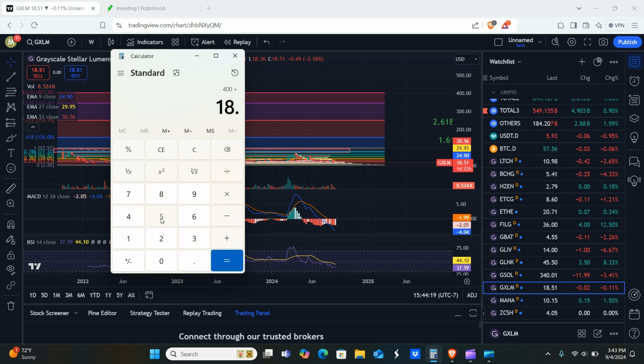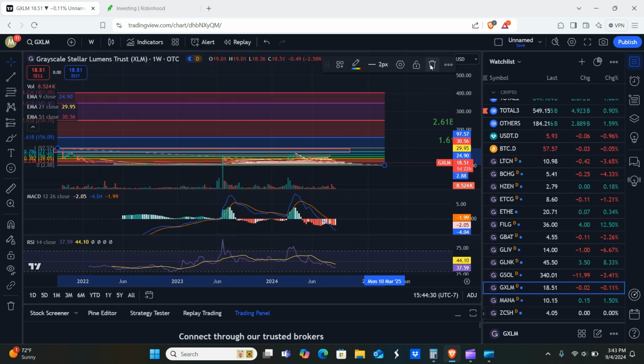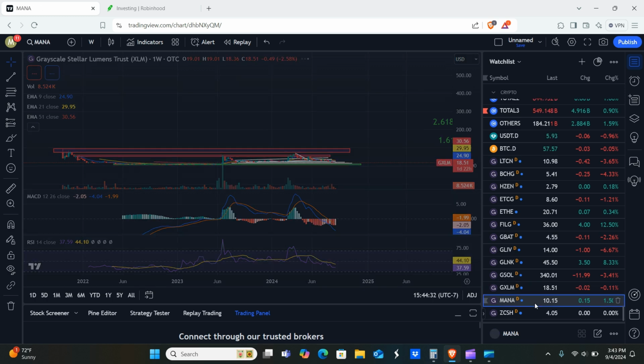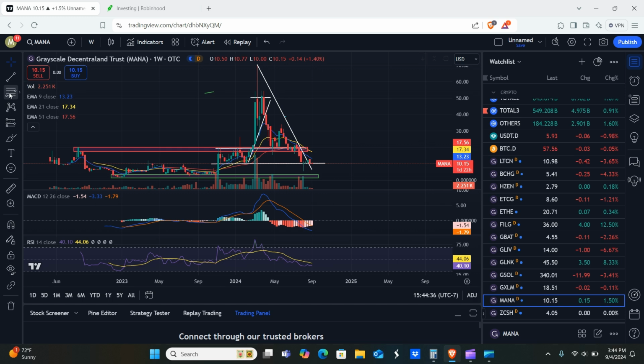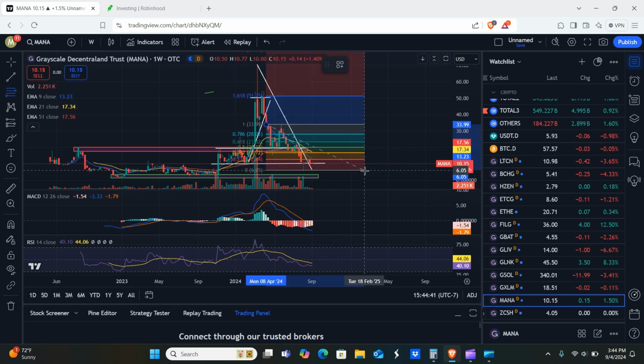So 400 divided by 1850, so roughly about a 21.5x. Again, pretty good money. Put in the amount there in the calculator that you think is relevant to your situation. Everybody puts in different amounts in crypto. Some people make different amounts of money. Some people have different amounts of money. It just depends on your situation.